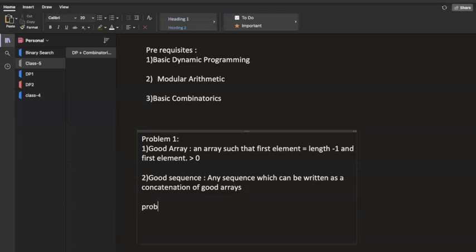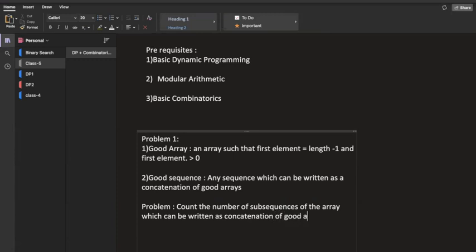So the problem is to count the number of subsequences of the array which can be written as a concatenation of good arrays.